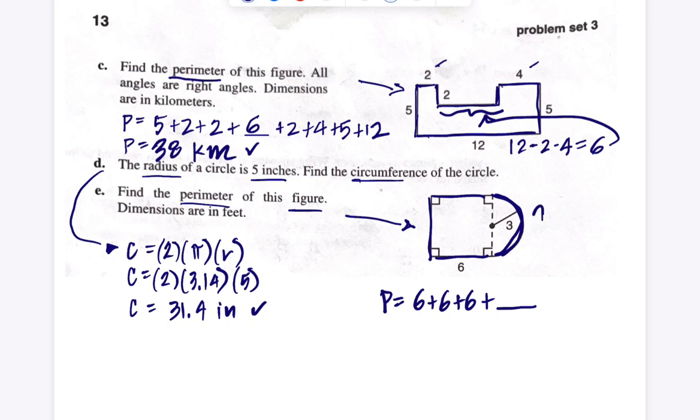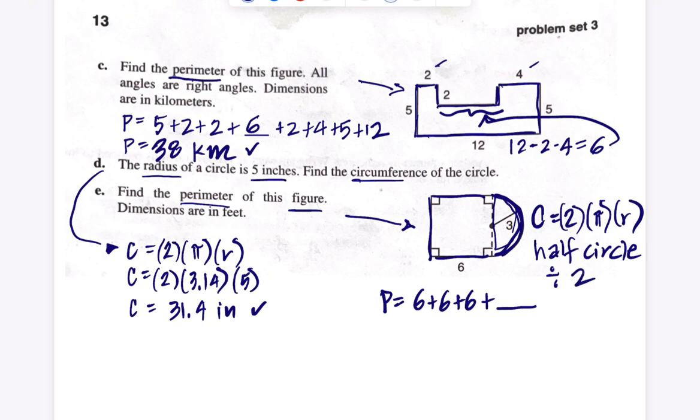So let's use the concept of the circumference to find that value of the half circle. We start with 2 times pi times r. But one of the things we have to keep in mind is that this is a half circle. So given that it's a half circle, what do we have to do? We have to now divide that value by 2. So let's not forget to do that when we're calculating the circumference of this piece.